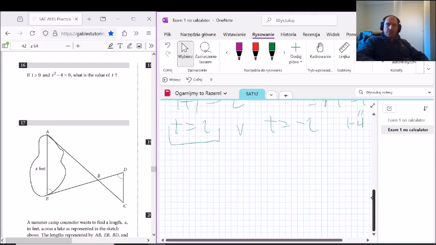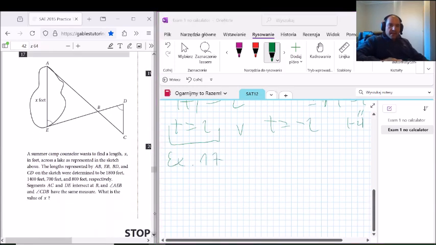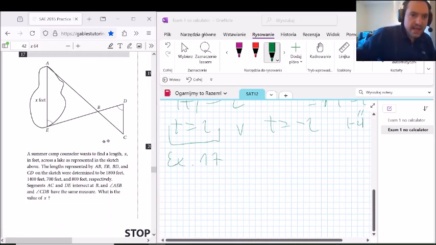Now let's go to exercise 17. So, what we have here? We have this drawing, and a summer camp counselor wants to find a length of x, here, AE, in feet across a lake as represented in the sketch above.